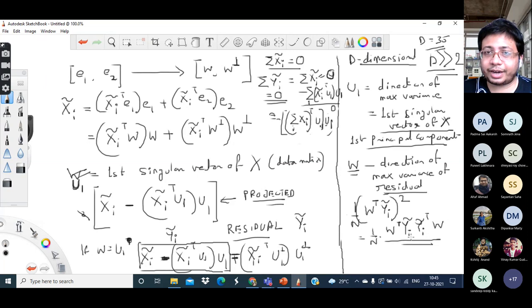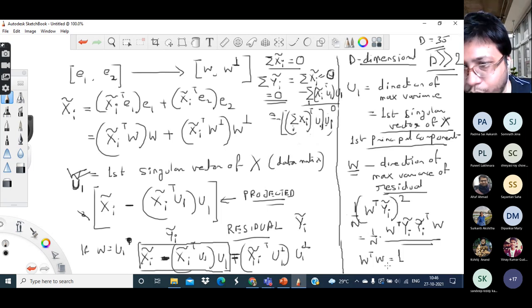The only difference is that yi is now defined in this way as the residual. So once again we do the same as what we had already done last time. What constraint do we have on W? The constraint is that it has to be unitary, that is W transpose W has to be equal to 1. But we also have an additional constraint. What is that additional constraint?